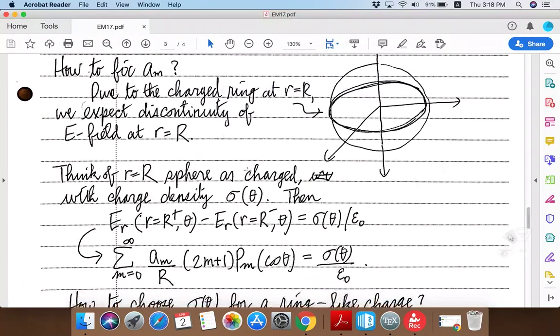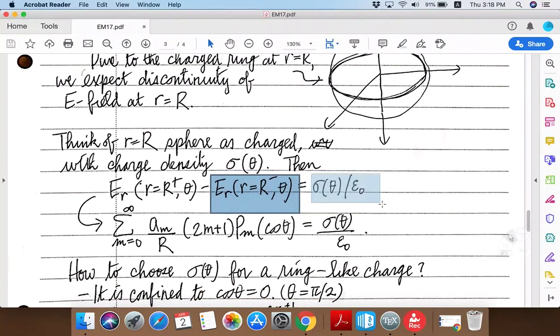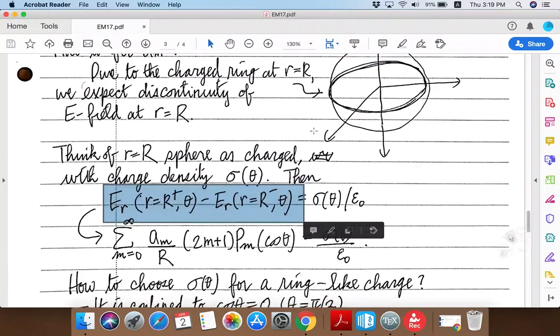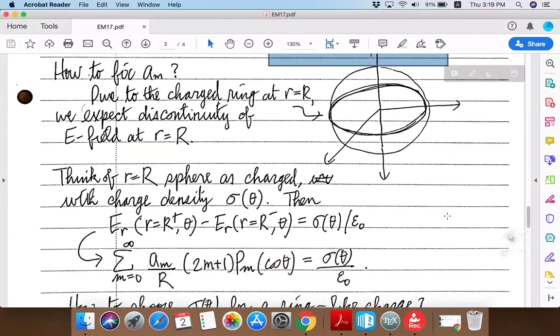So again, the boundary condition would be that the electric field in the radial direction just outside that sphere minus the electric field at the radius just inside that sphere equals the surface charge density divided by the dielectric constant. Both of these expressions can be worked out quite easily since we have these expressions for the potentials both inside and outside.